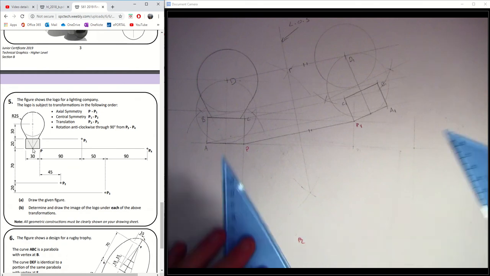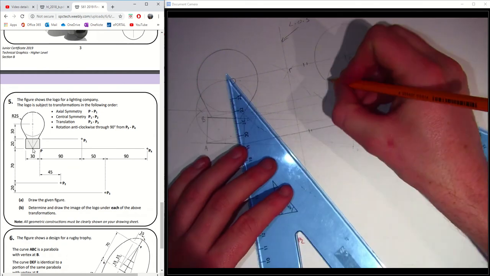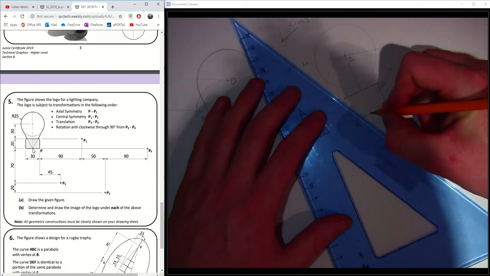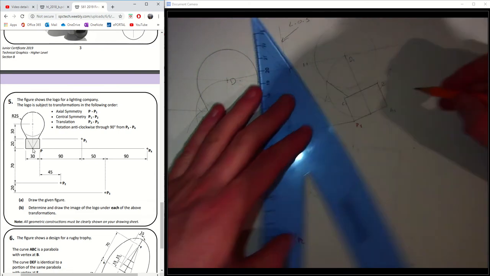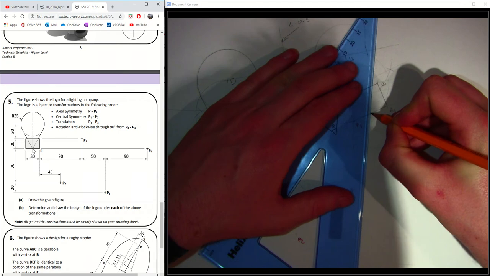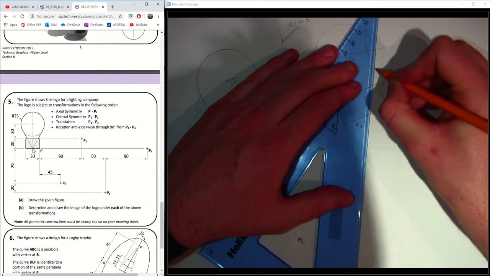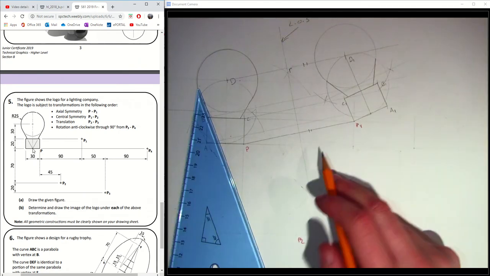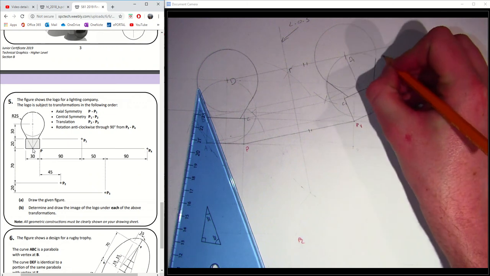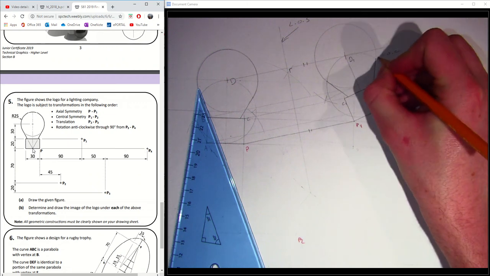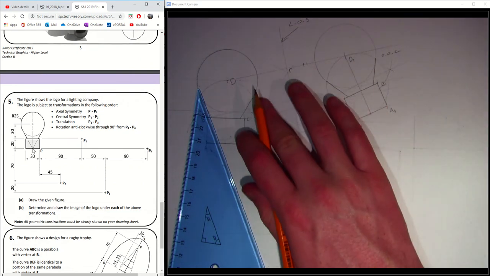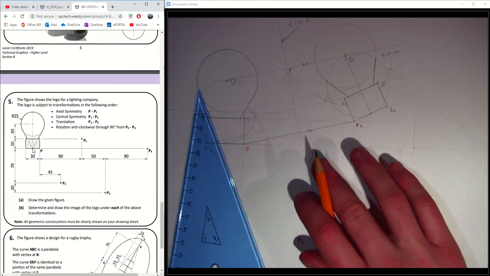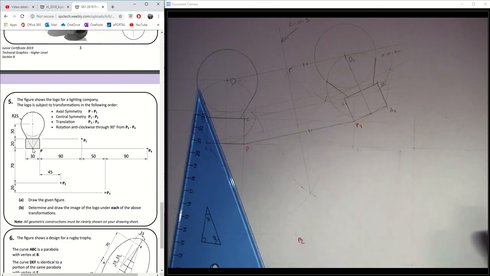Now, where these 2 semicircles intersect my circle is going to give me my point of contact for that tangent. So I'm just going to draw it in, and draw it like that. Okay, so that line there, and this here is my point of contact. Okay, also here. Again, all these lines I'm doing here should be construction lines. I just do it a little bit heavier just to show you what's going on.